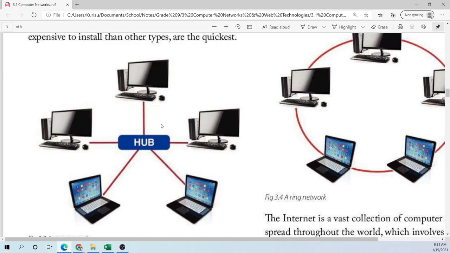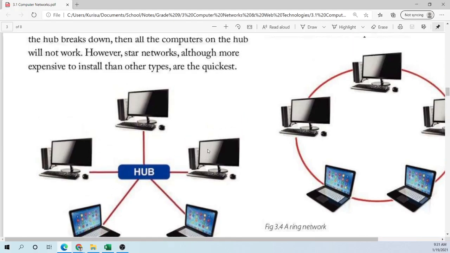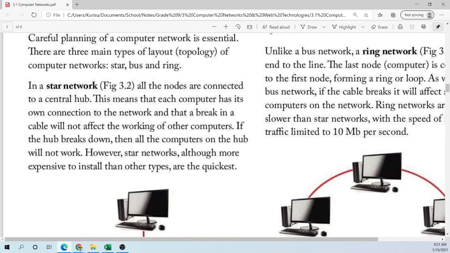So that's the benefit of a star network. If one computer is down, or if the network cable for that computer is down, it does not affect the entire network. It does not affect the rest of computers and cables on the network. They will continue to run.